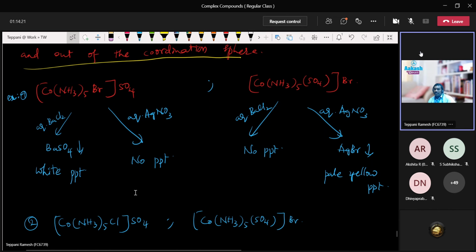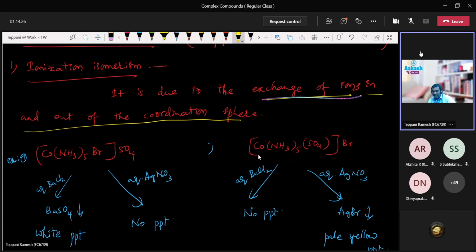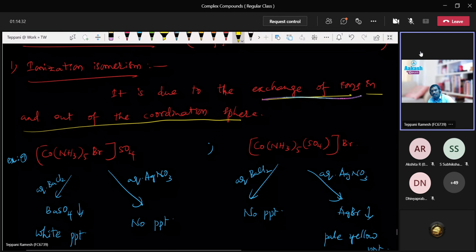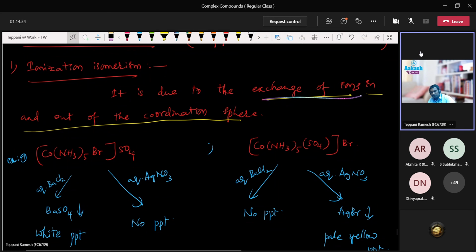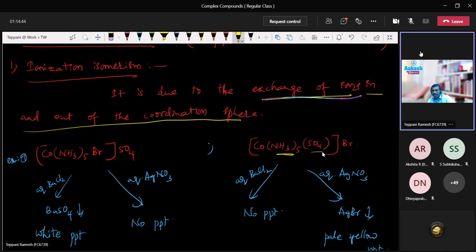Then one more thing here. Cobalt plus 3 is present. Cobalt plus 3, coordination number generally how much did I say? 6. Here 5 ammonia, 1 sulfate.